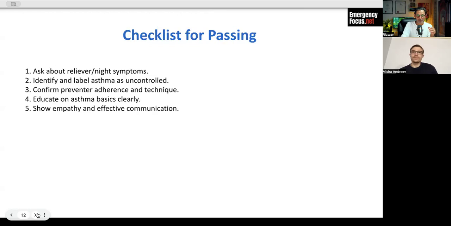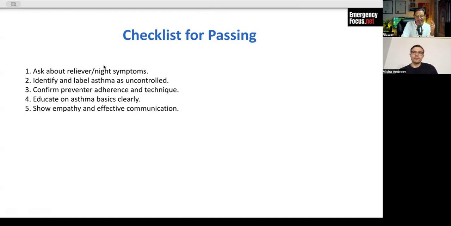So in terms of the checklist, what the examiner would be looking for is asking about the reliever. That's what they would be marking you for: that you are asking how many times they are using the reliever, and how many times during the week they are waking up at nighttime. That is what would establish the control or adequacy of control of asthma symptoms.